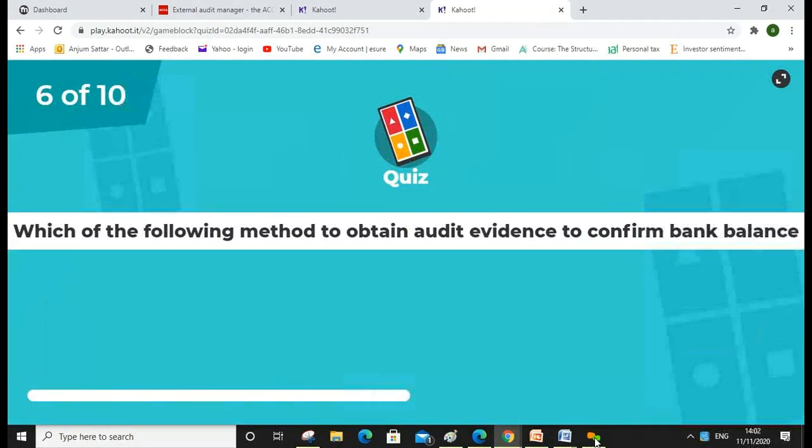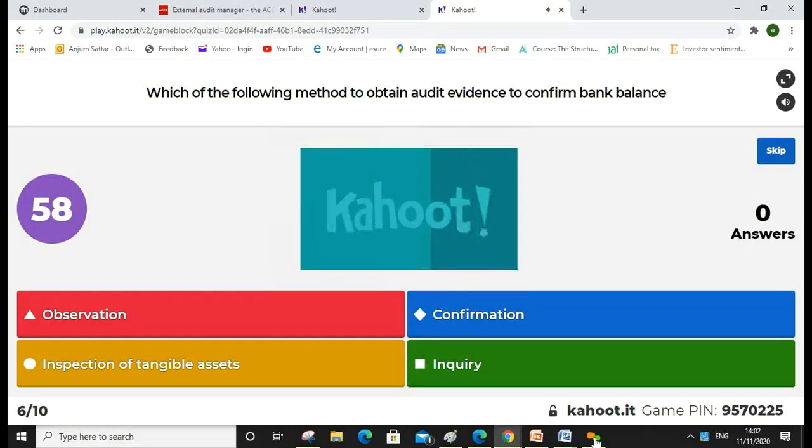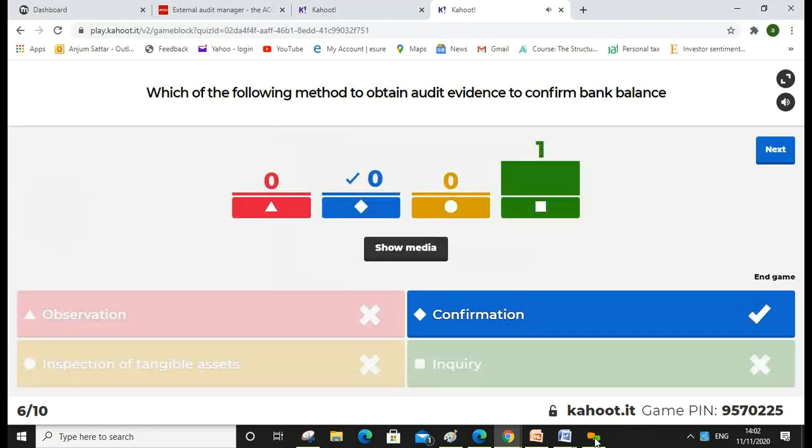Is this observation, inquiry, or confirmation? It's a confirmation. The auditor will confirm from a third party.